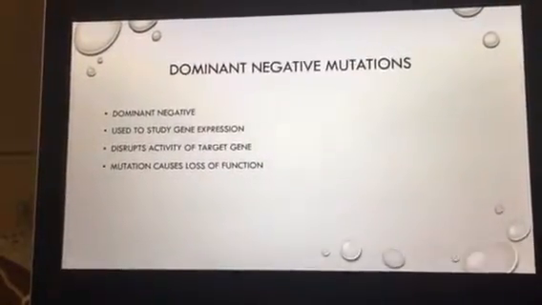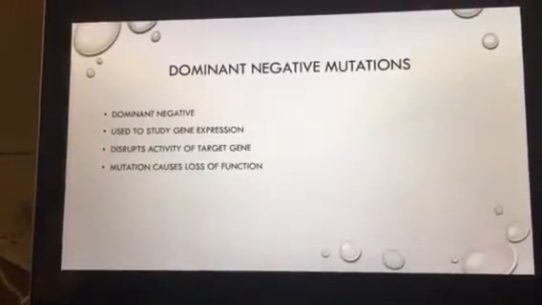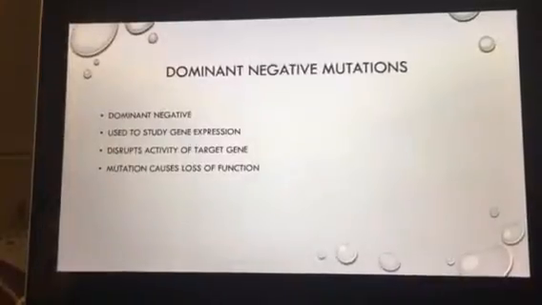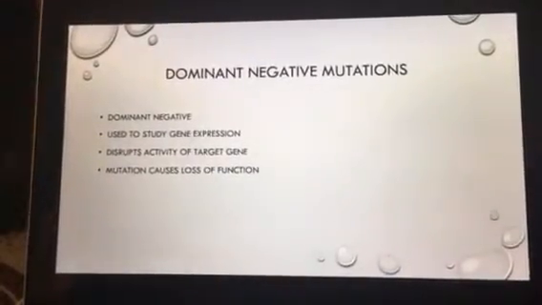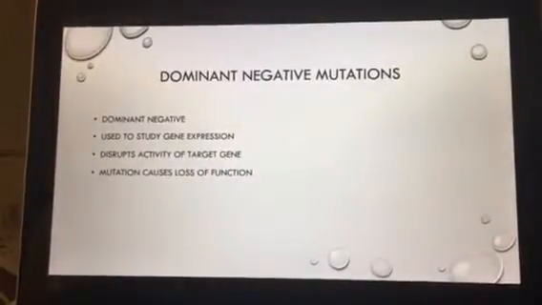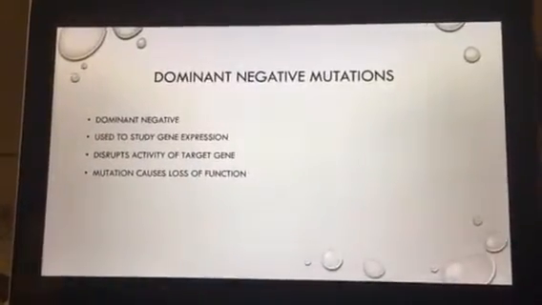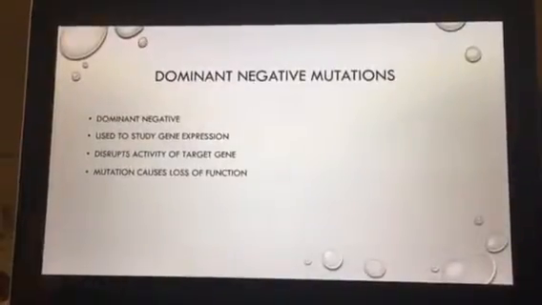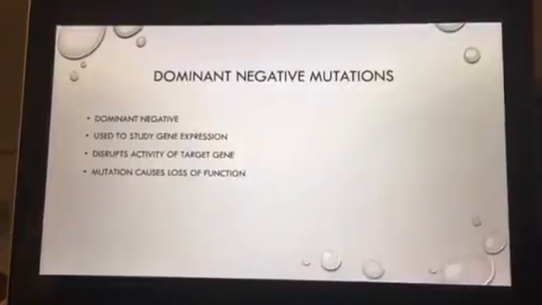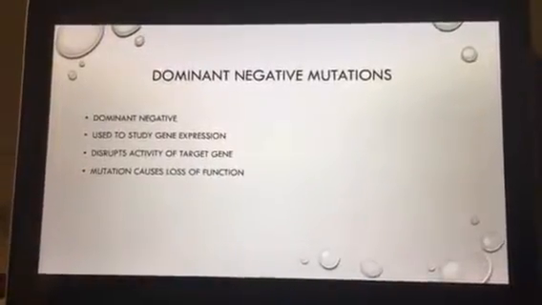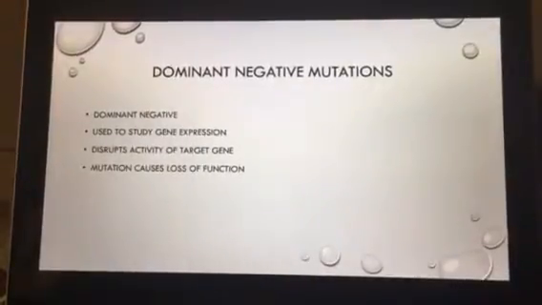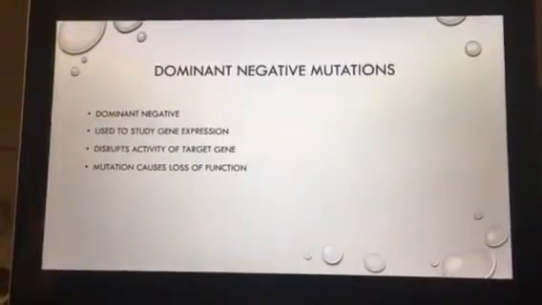A dominant negative mutation is a mutation where a wild type allele, or the original receptor molecule, is altered to form a mutant that acts in opposition to the expression of the original receptor molecule. The expression of that mutant allele or receptor molecule dominates that of the wild type, which is the original allele or the original receptor molecule. So it acts in such a way that in the presence of the mutant, there is no function of the wild type allele.